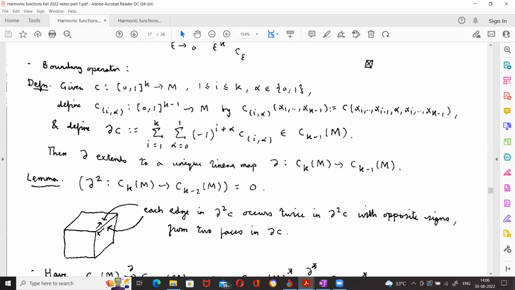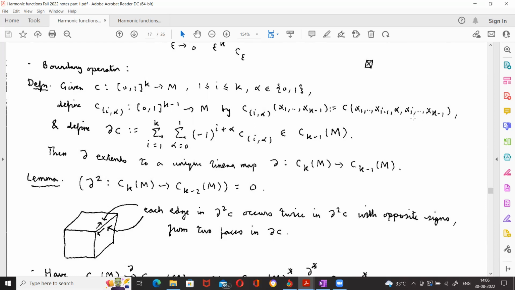So C_(i,alpha) applied to x1 up to x_(k-1) is defined to be C of x1 up to x_(i-1). Then in the ith spot, you put an alpha instead of an xi. And then after that, you put xi up to x_(k-1).